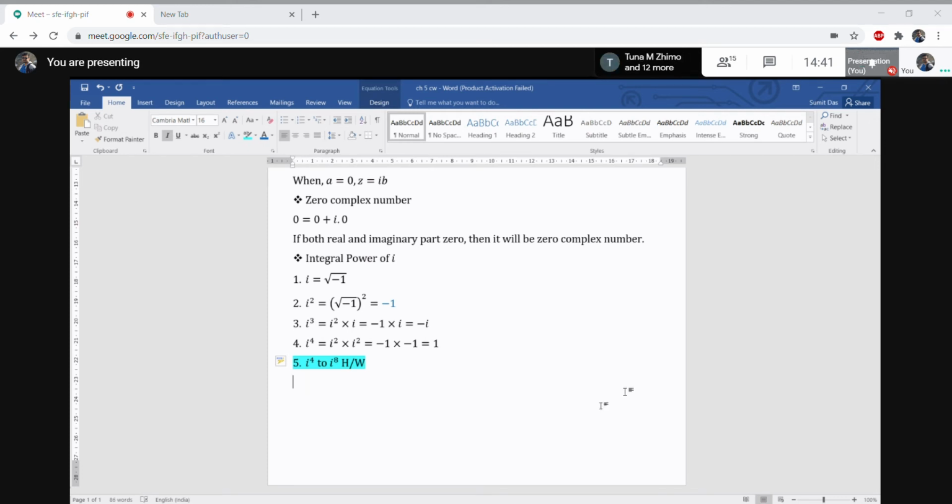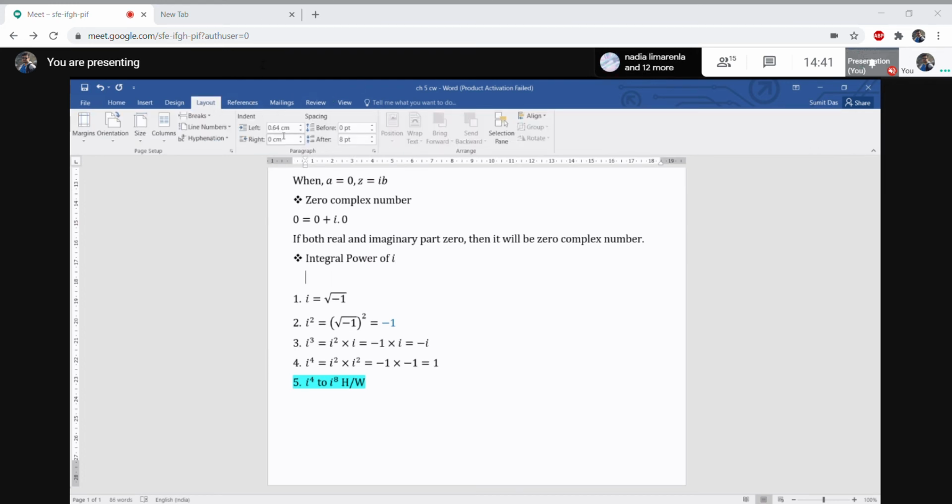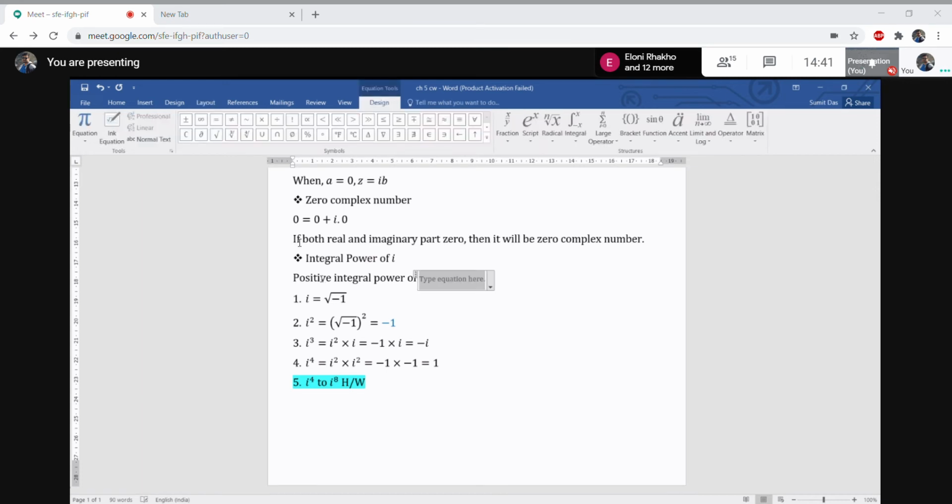Now this was the positive integral power of i. Positive integral means only positive powers, that is square, cube, 3, 4 like this.